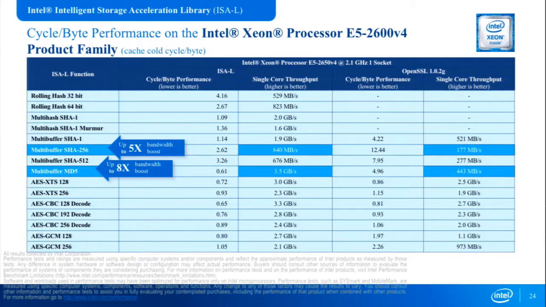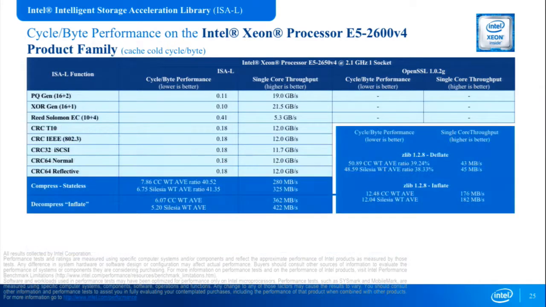We can do block ciphers at 1 cycle per byte or less. RAID is so fast that it's almost immeasurable. And CRC, we can do 64 as fast as we can do other polynomials. And erasure codes are gigabytes per second, fractional cycles per byte.